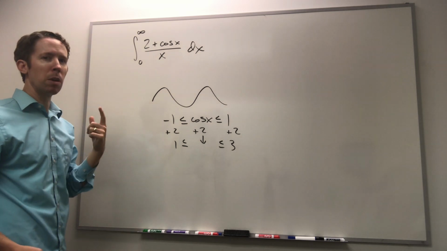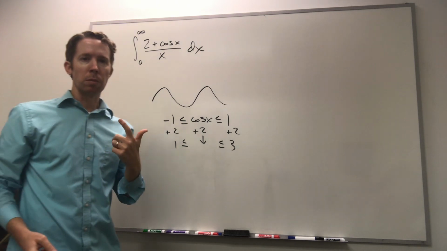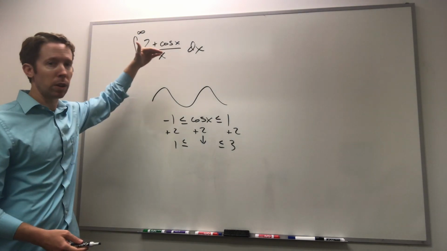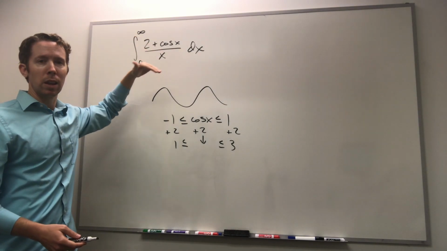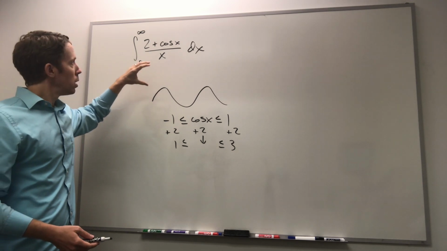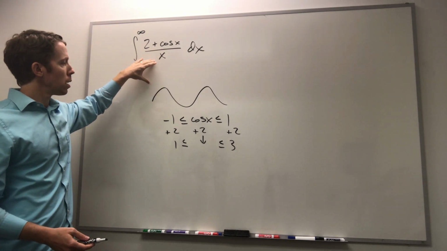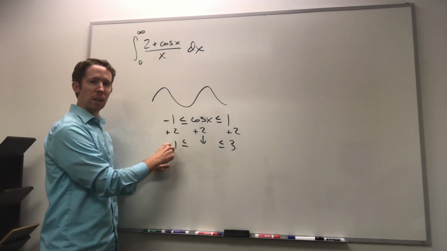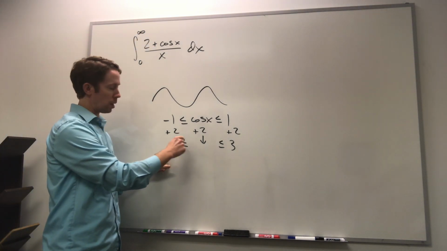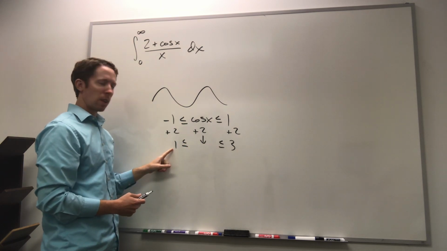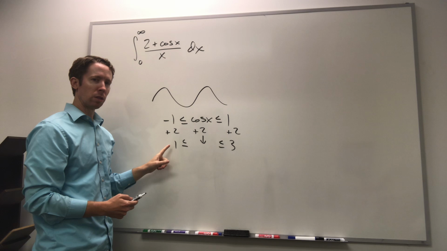And I think I remember from a problem that I've worked on before, when I integrated from 0 to infinity of 1 over x, that gave me an infinite area, so that this thing diverged. If that's true, and this numerator is at least as big as 1 the whole way, and sometimes it goes all the way up to 3, then I would expect that it would still diverge.